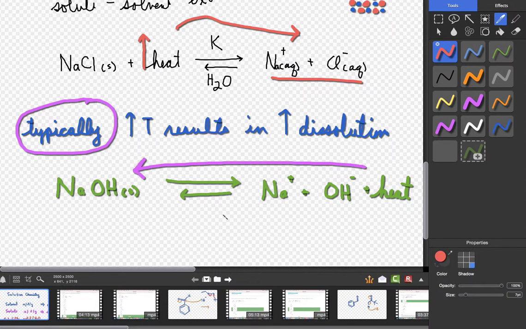The second set of conditions is when we increase pressure. Let's remember that solids are relatively incompressible.